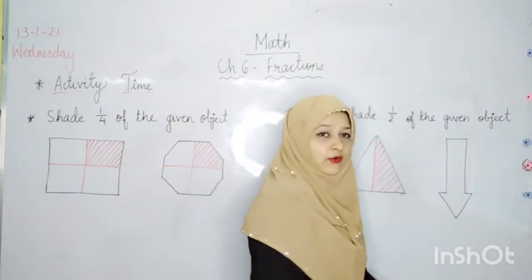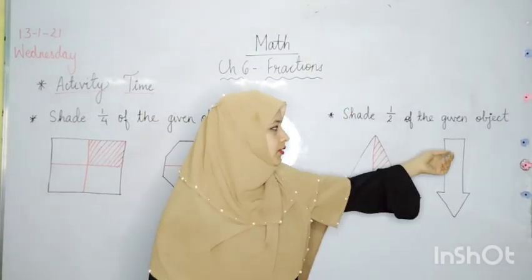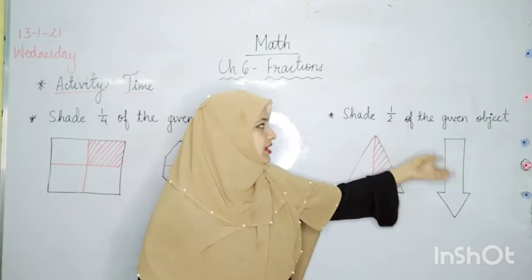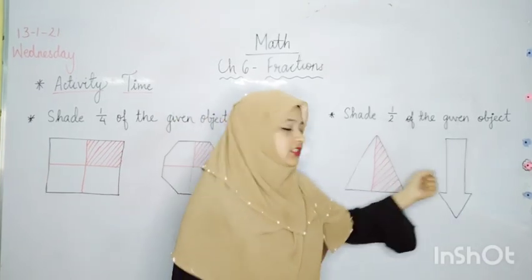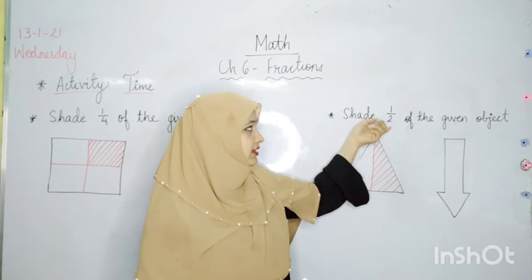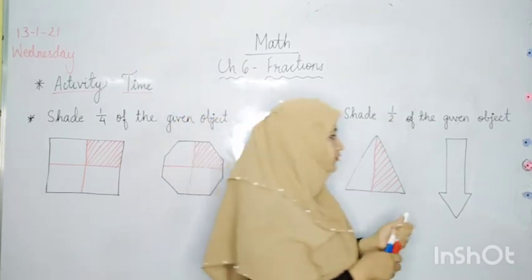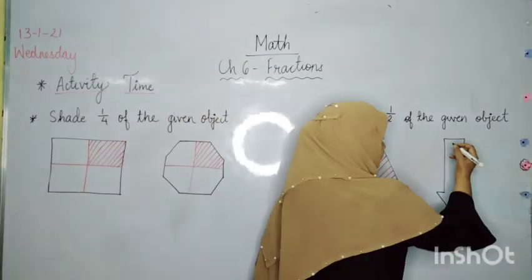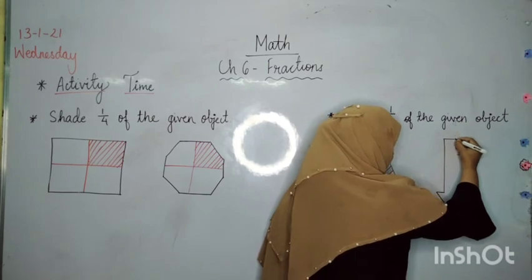This is an arrow. Now I want to make 2 equal parts, which means I have to make this into half. I have to shade only half of the object. Again, I will draw a line from the middle like this.